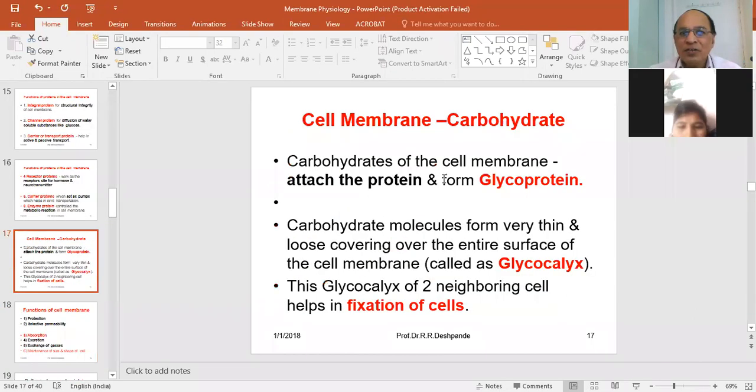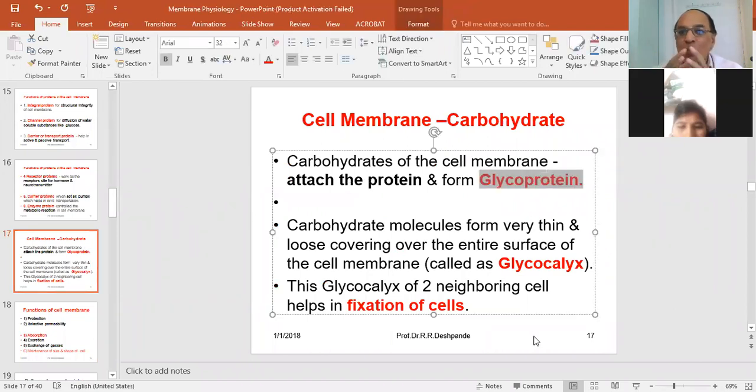Now, carbohydrates of the cell membrane also attach to the protein and form a compound, glycoprotein. Glyco means sugar, so this is a compound formed by glucose and protein together, that is glycoprotein. Carbohydrate molecules form a very thin and loose covering over the entire surface of the cell membrane.